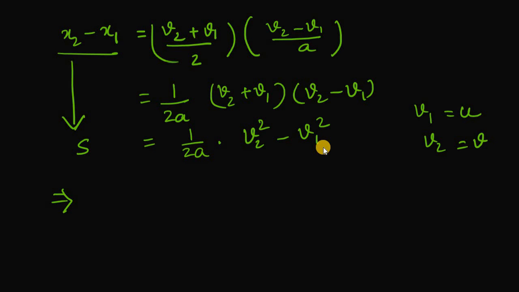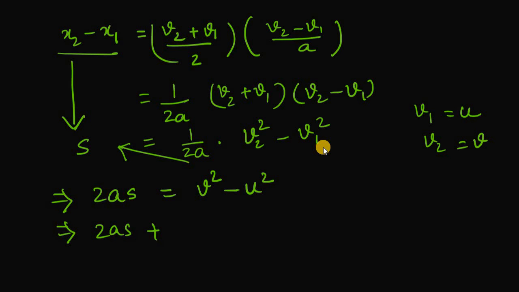So when I cross multiply 2a there, it would be 2as equals V square minus U square, or I can write it as 2as plus U square equals V square.